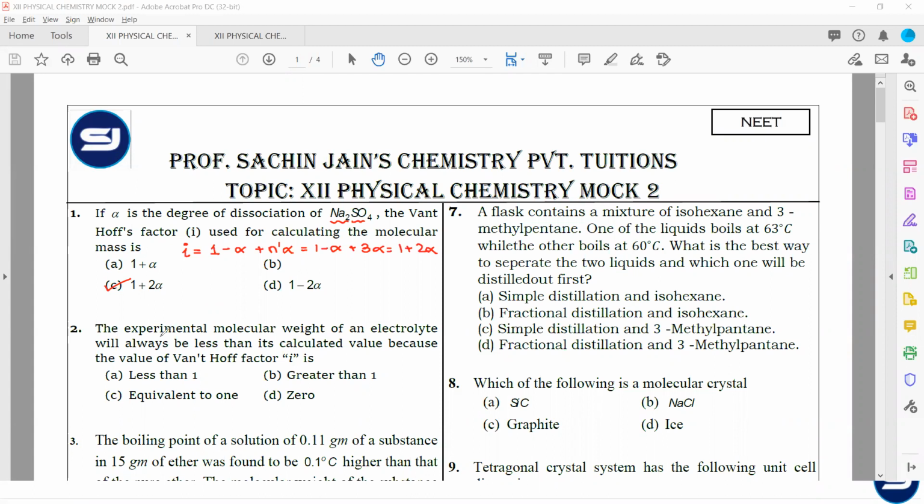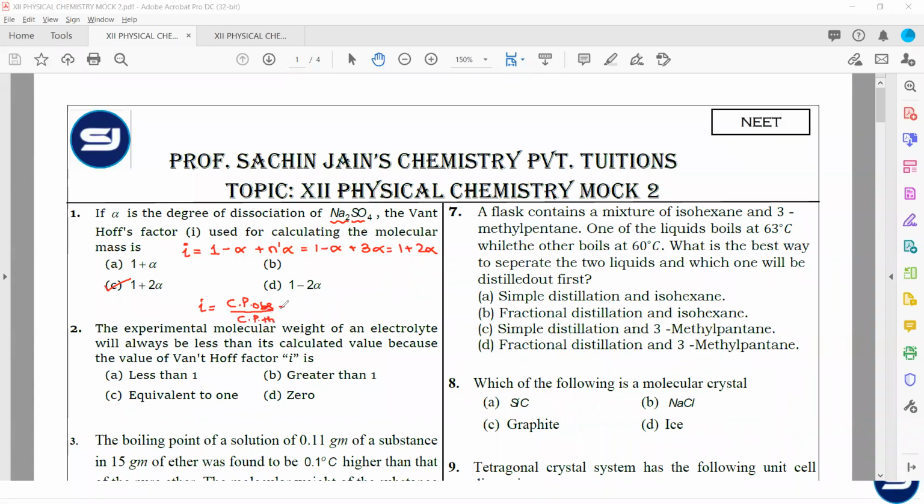Next, the experimental molecular weight of an electrolyte will always be less than its calculated value because the value of Van 't Hoff factor i is greater than 1. And this is a case of association. The Van 't Hoff factor is given as the observed colligative property upon the theoretical colligative property.